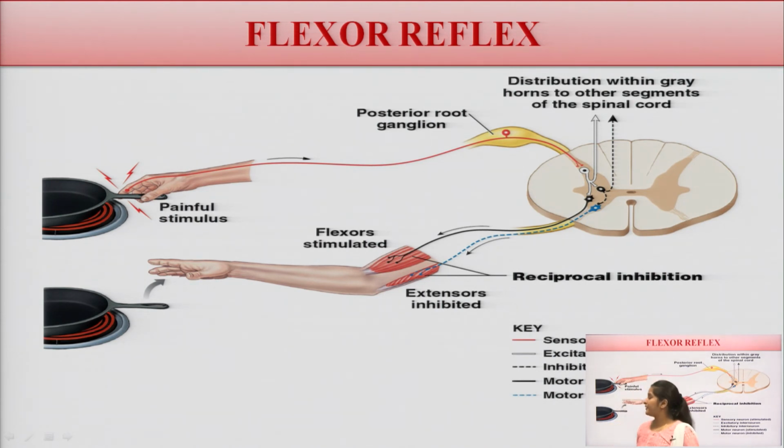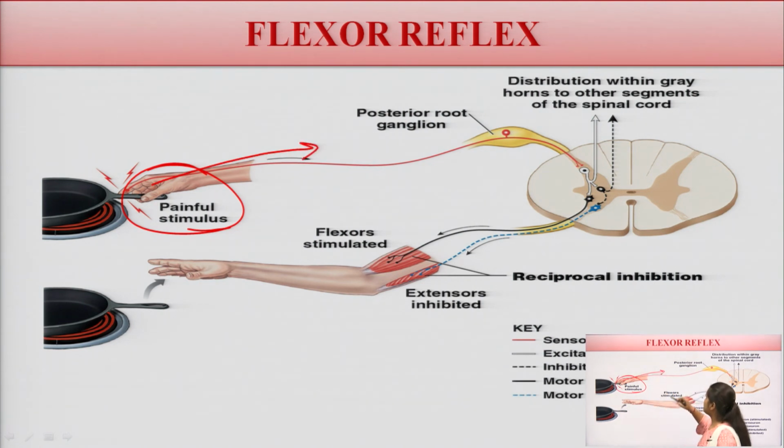So this is a diagram for the flexor reflex, meaning whenever you feel a painful stimulus, like the hot pan is too hot, you feel that pain. The painful stimulus arises and goes to the posterior root ganglia and is distributed through the gray horn to other segments of the spinal cord, right?